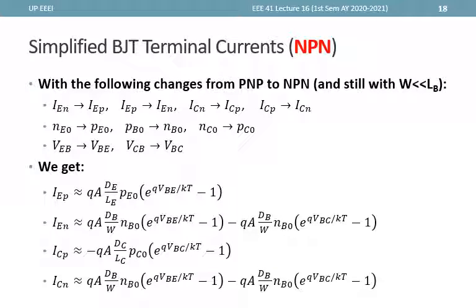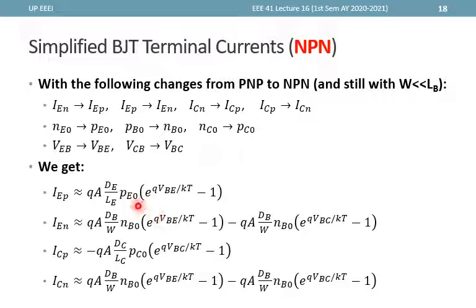Now say we want to convert those simplified current equations for NPN, what we'll just do is change IEN to IEP, IEP to IEN, ICN to ICP, and ICP to ICN. And for the equilibrium minority concentrations, for PNP we had NB naught, so for NPN we'll use PB naught, and the voltages should be VBE and VBC, and so we'll end up with these equations right here.